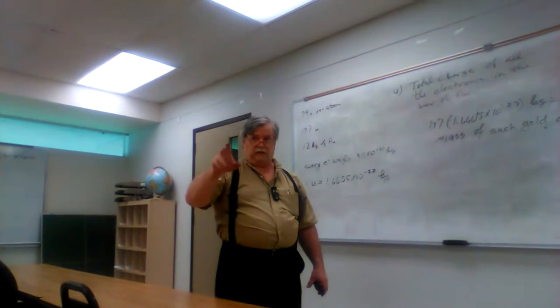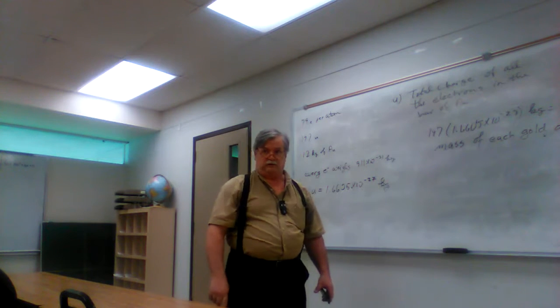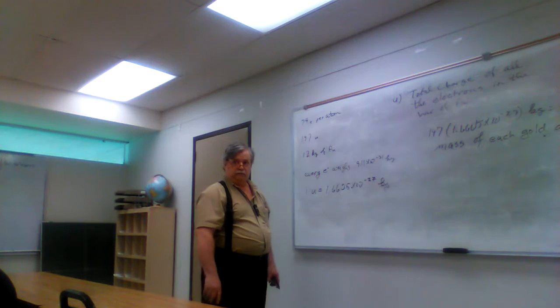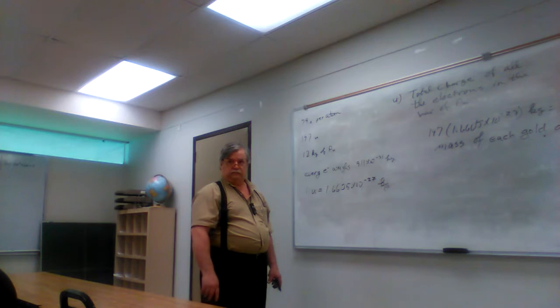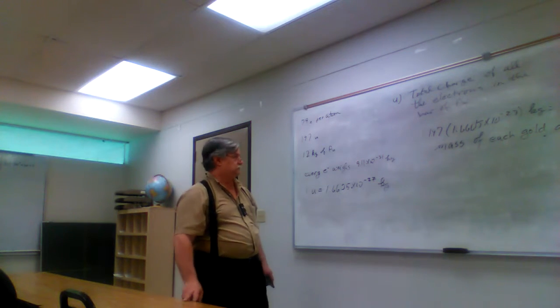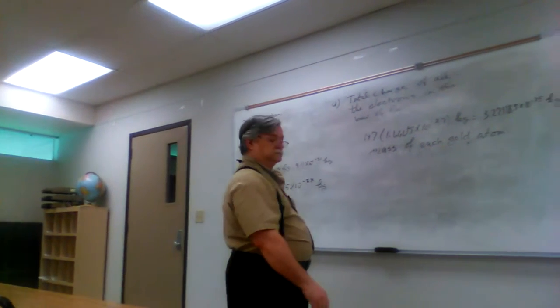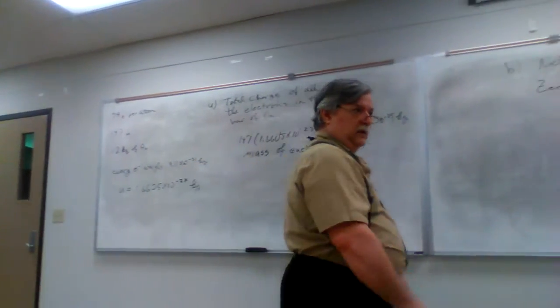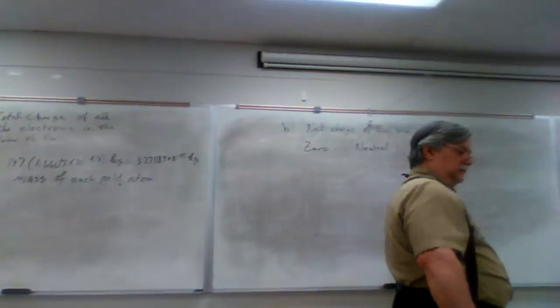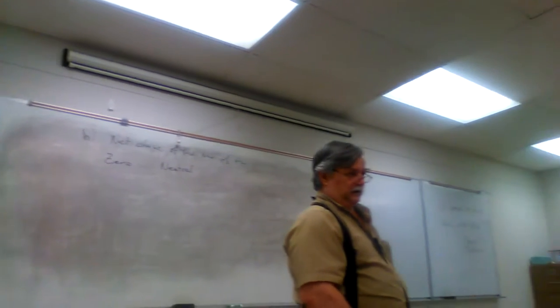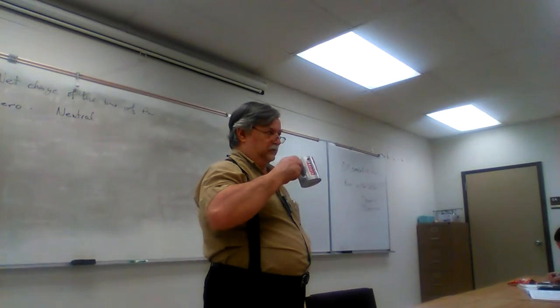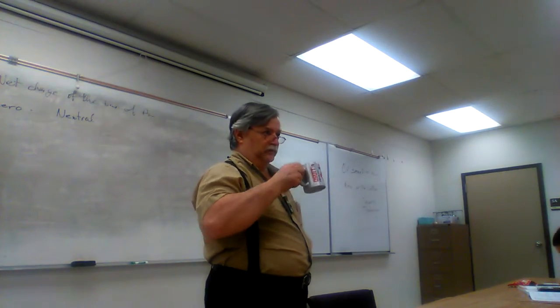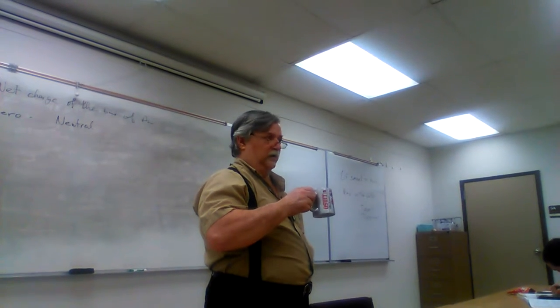For every one of those atoms, you have 79 electrons. And then multiplying that number of electrons times 1.6022 times 10 to the minus 19 coulombs for each electron.